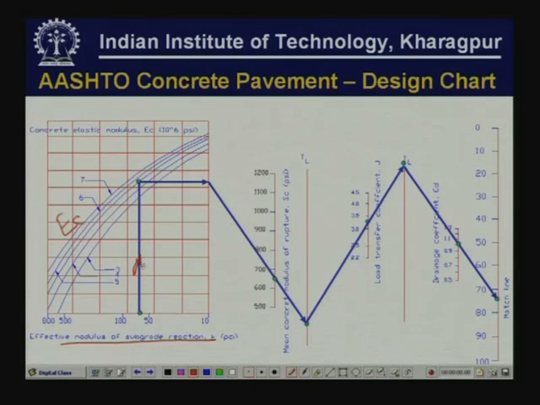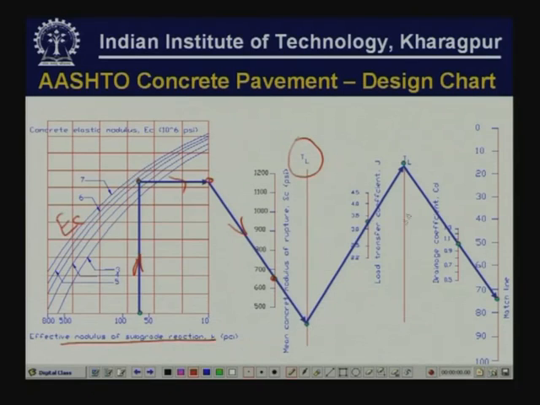Then from this we go up to this, select the concrete modulus value, reach this vertical line, and this point will be connected to a point which corresponds to the concrete flexural strength. So connect these 2 points, extend this to a line known as transfer line or transition line TL.